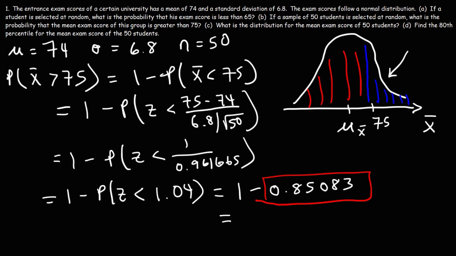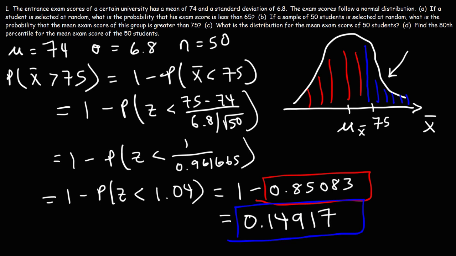But when we use that number and subtract it from 1, we're going to get the area in blue, which is what we want. So the final answer is 0.14917. So what this means is that there's a 14.9% chance that if we select a sample of 50 students, the mean exam score is going to be greater than 75.